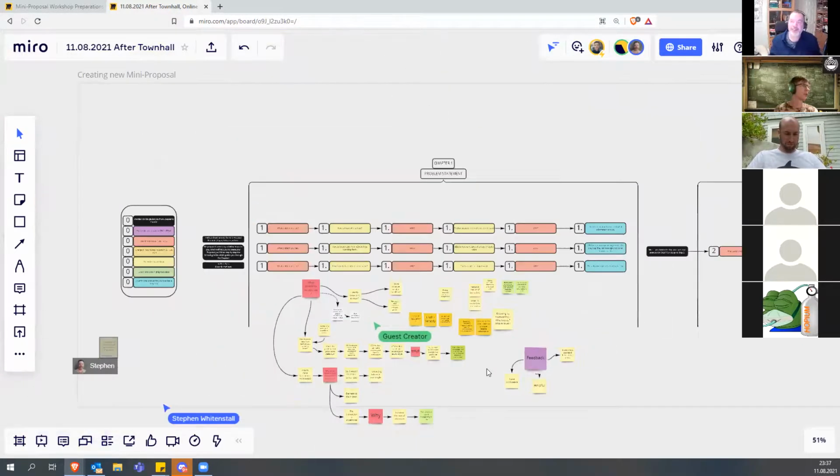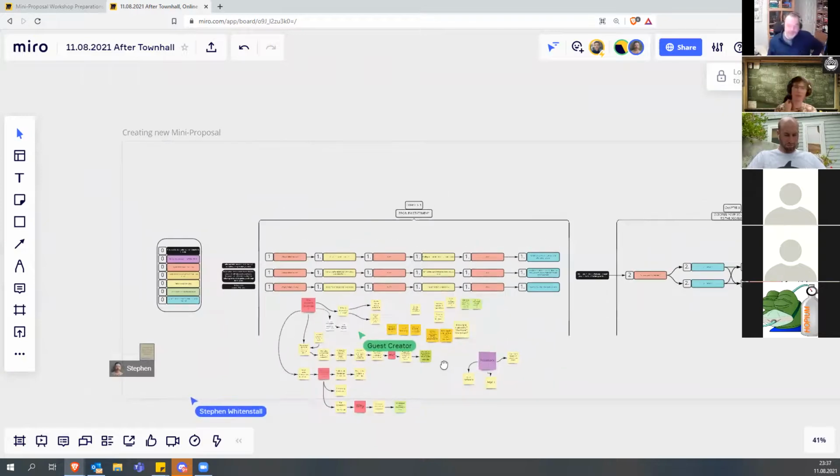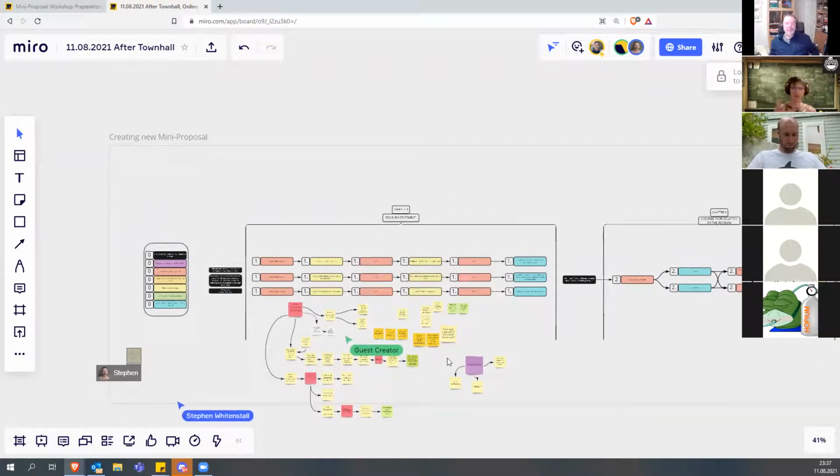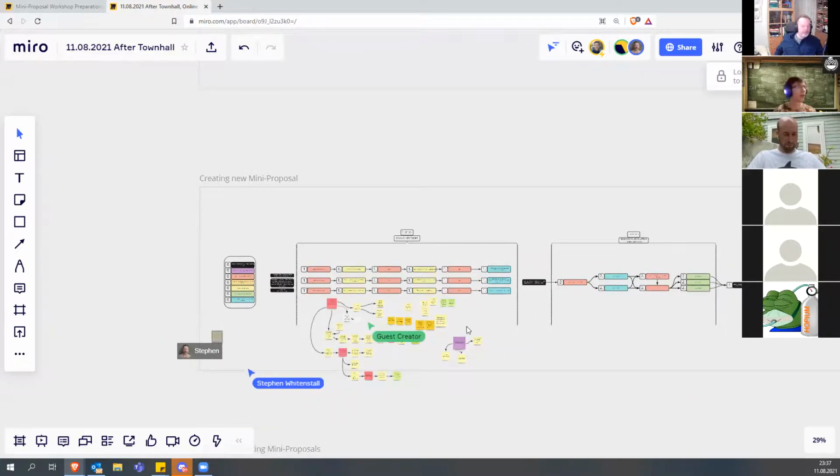So what we did is at the start, I tried my best to explain the mini proposal process, which is the idea of creating proposals in IdeaScale in a way that they are small scoped proposals, which you can module up into bigger ones or scale up later.